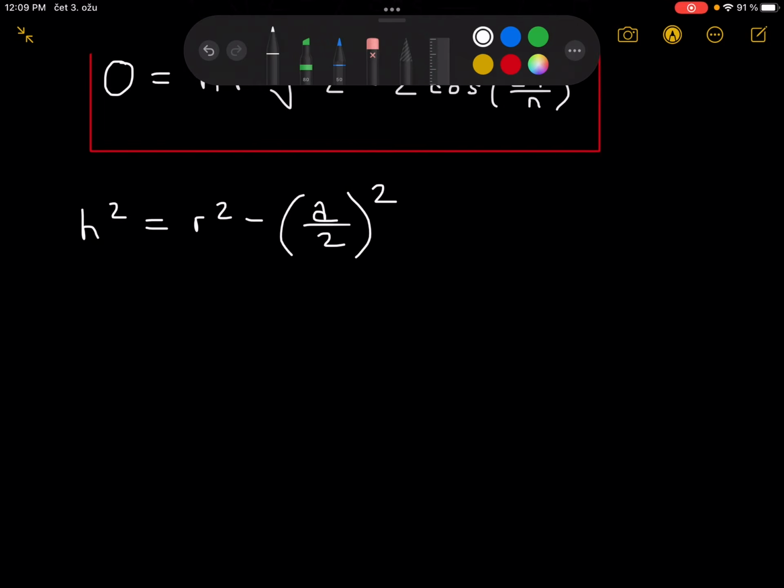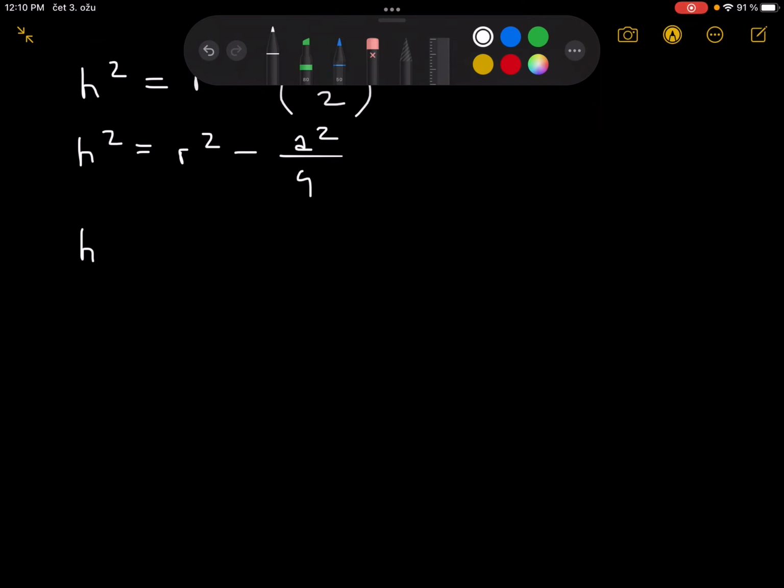or height squared is equal to r squared minus a squared over 4, which can be rewritten as height squared is equal to 4r squared minus a squared over 4.